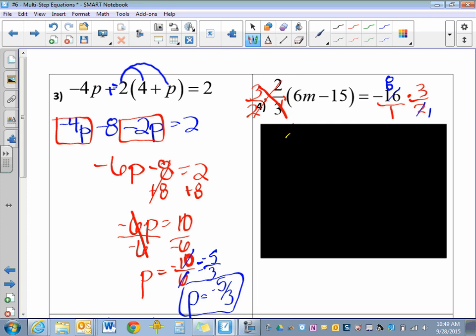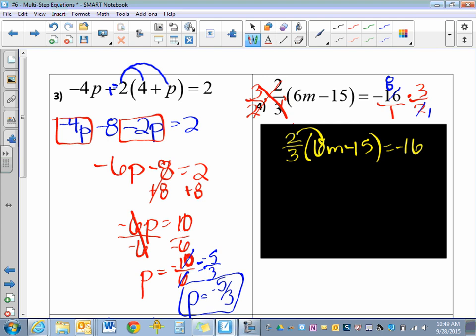Okay, so starting off with our equation, 2/3 times the quantity 6m minus 15 equals -6. This first way I showed you how we can multiply by the reciprocal, but again, remember we could also just distribute it. So I want to show you that. So distribute your 2/3 to the 6m.